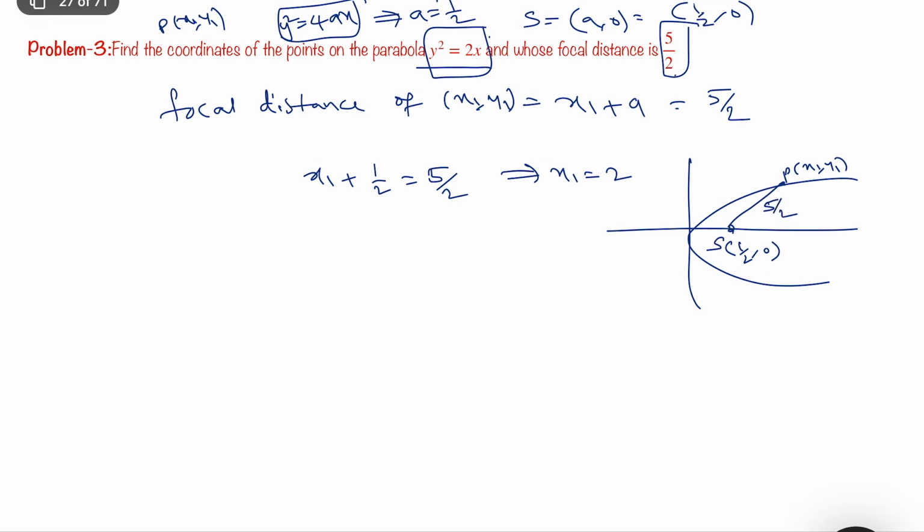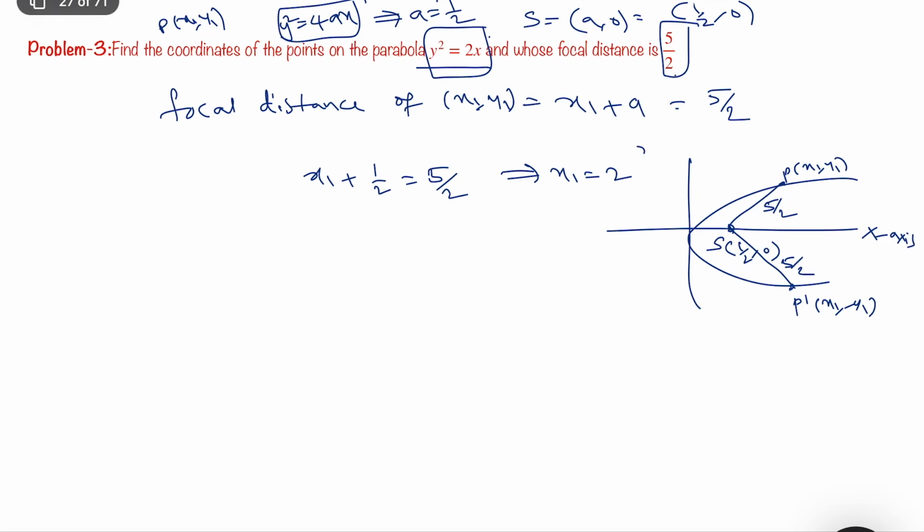Actually, there will be 2. If P x1 y1 has focal distance 5 by 2, then its mirror image, let's call it P dash, which is x1 comma minus y1, will also have the same focal distance 5 by 2, because this y square equal to 2x parabola is symmetric with respect to the x-axis. Okay, you should be getting 2 points with a focal distance 5 by 2.